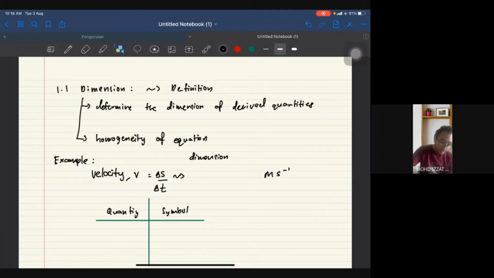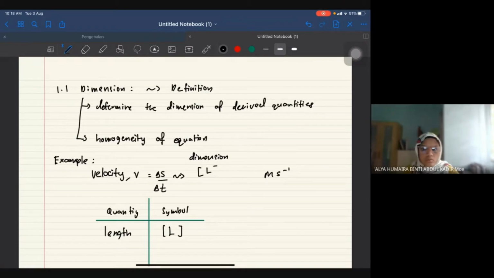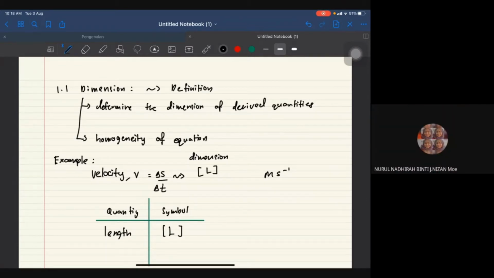So quantity length, the symbol is capital L, betul? Ada bracket ke tak ada bracket? Bracket tu memang kena letak ke?